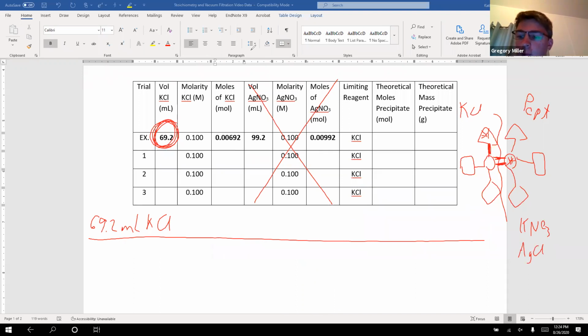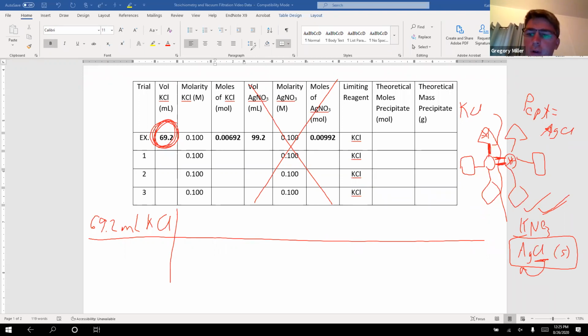If we look at our solubility rules, nitrates are soluble, potassium is a group 1 metal, so it should be soluble. So that thing should be soluble. Chlorides are usually soluble except when they're paired with silver. So AgCl is our precipitate. Again, you should be able to identify this by using what you learned last week and moving forward with this week.